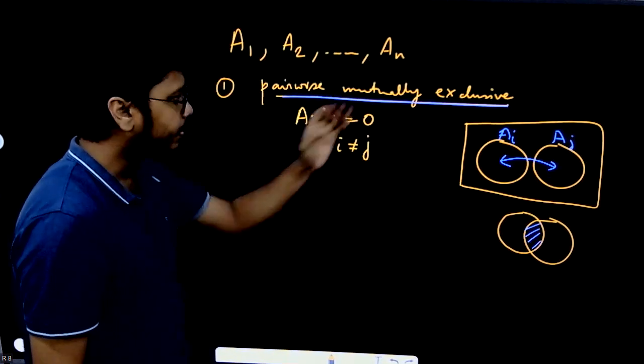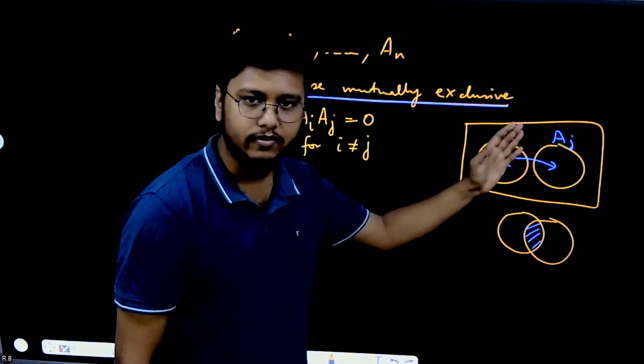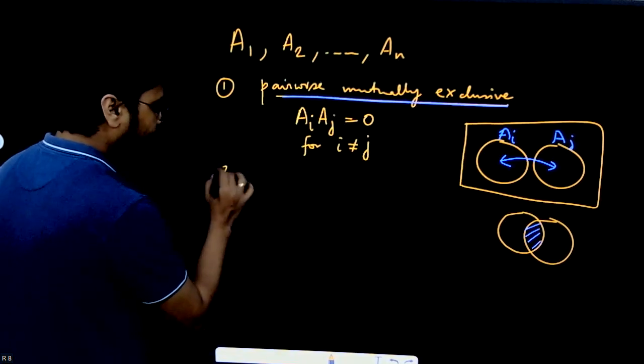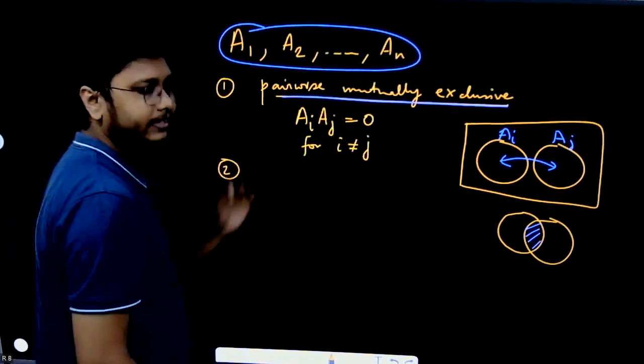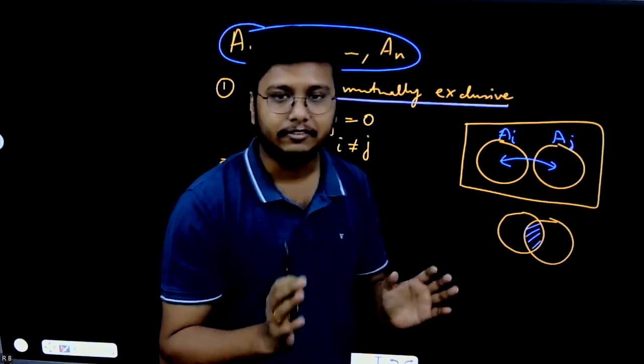So if I have n number of mutually exclusive events, number two, this entire set of events has to be an exhaustive set of events.